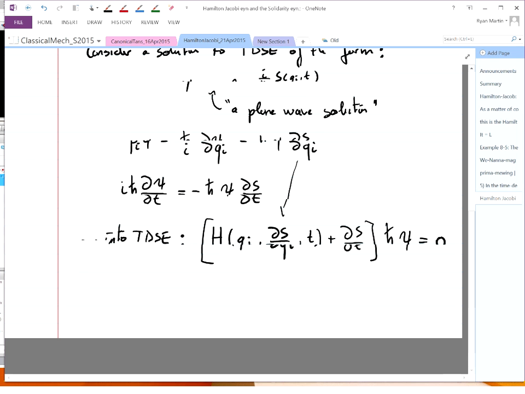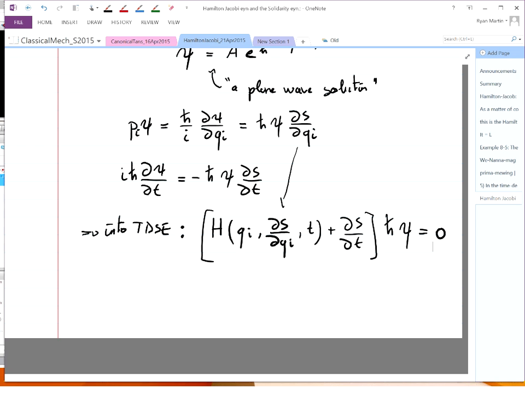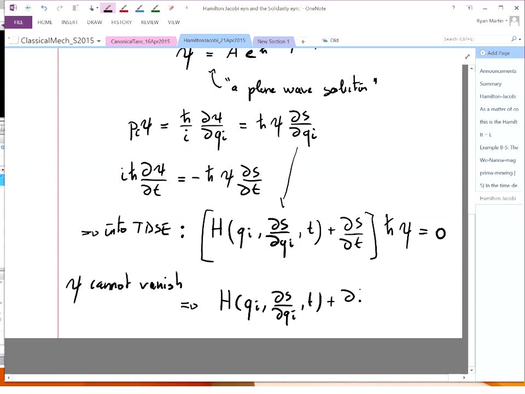All right. So this psi cannot vanish. Of course, if psi is equal to 0, then you can't say anything. But that's generally not the solution you're interested in. So if psi is not equal to 0, then the thing in brackets is equal to 0. So then H of q_i, ∂S/∂q_i, t plus ∂S/∂t is equal to 0.